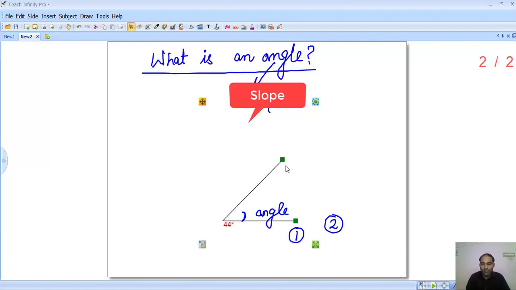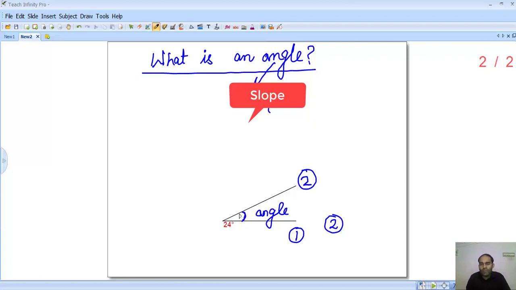Okay, let me take another slide. Now you understand what is angle. The slope between two lines, if we take the first line as a reference, the second line has some slope, this is an angle.